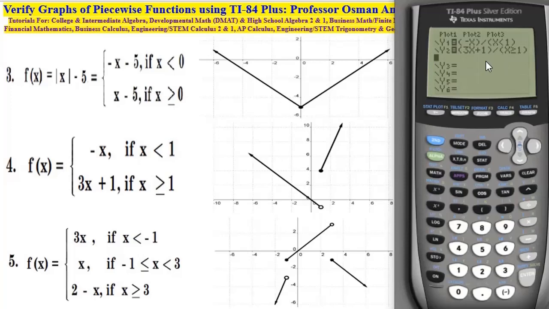Okay. So now let's look at the window. We're going to go from minus 6 to 6 for x, and for y we're going to go from minus 2 to 10.